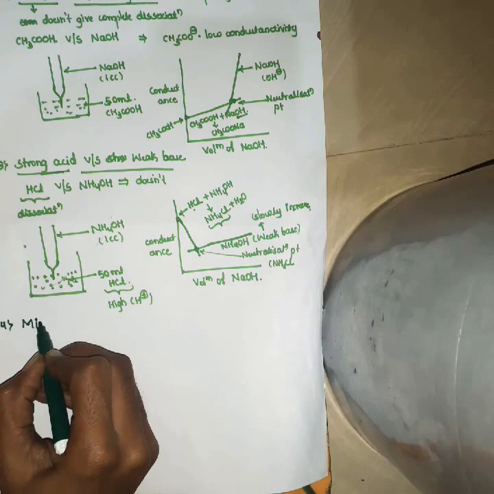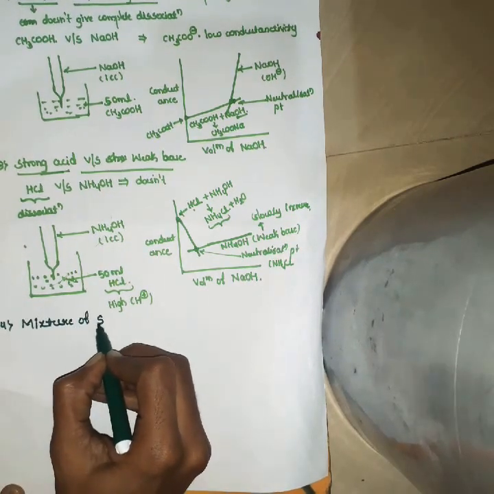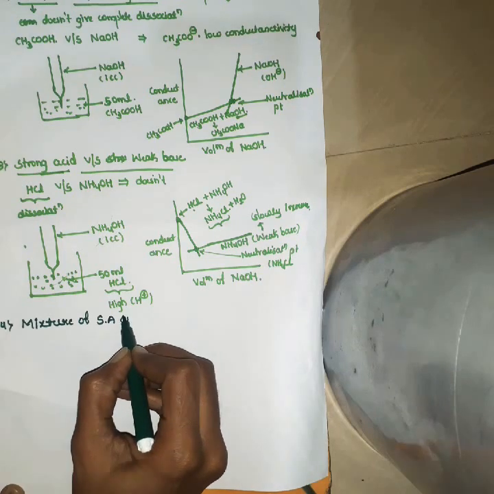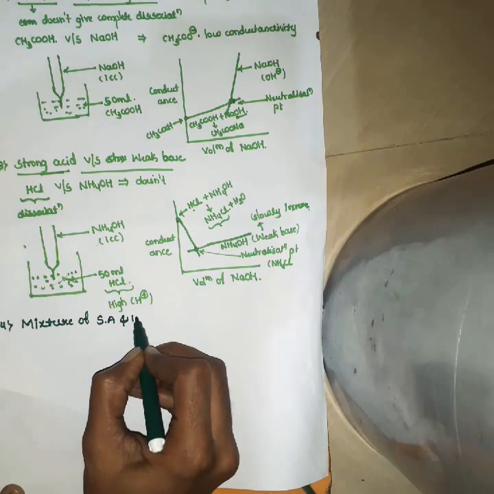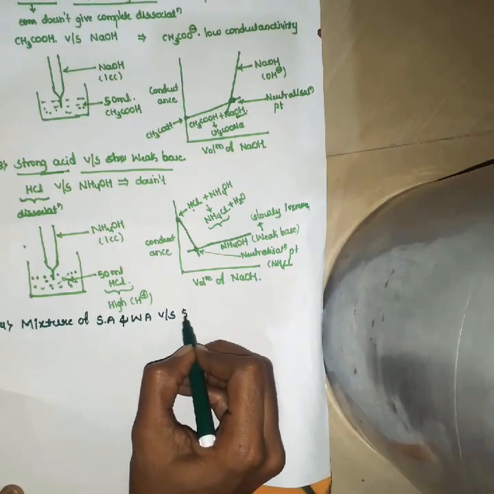The fourth one is a mixture of strong acid and weak acid versus strong base.